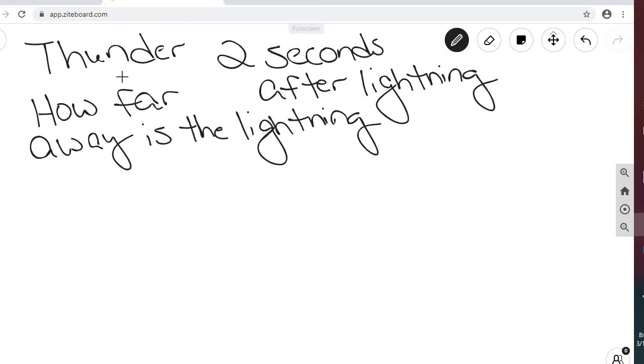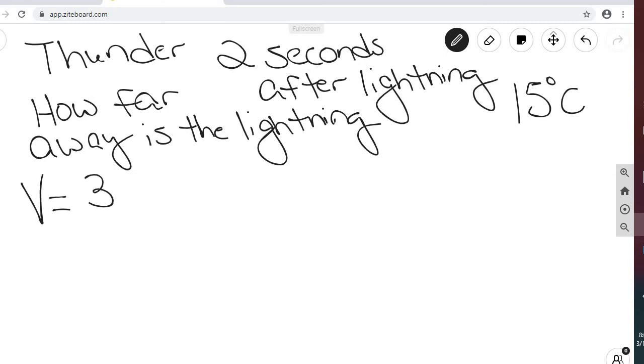Also, I forgot to tell you that the temperature outside is 15 degrees C. So it's a little cool, but it wouldn't be unusual for a temperature when a storm is taking place. So you can figure out the speed of the sound.